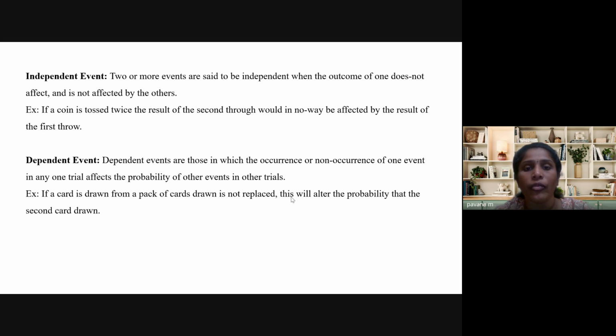That type of events are called dependent events. For example, if a pack of cards is there, and you are not replacing a card once you have picked it, then they depend on that particular outcome. The first experiment's outcome will affect the second experiment's outcome. That type of events are called dependent events.